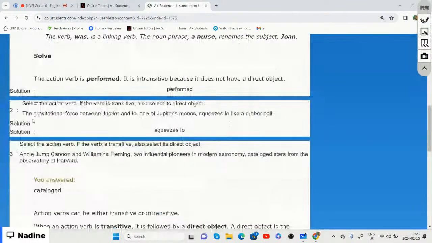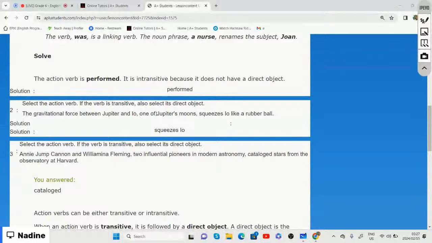All right, let's see. Select the action verb. If the verb is transitive, then we also need to select the direct object. The gravitational force between Jupiter and Io, was it Io? Yeah.